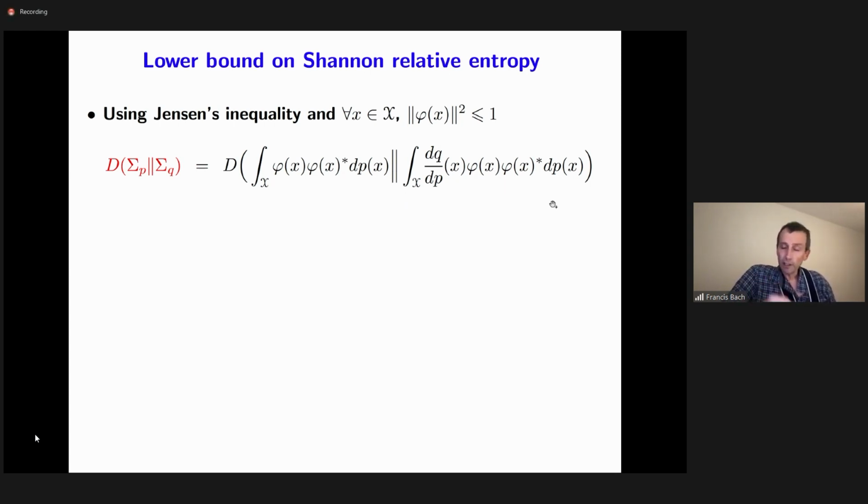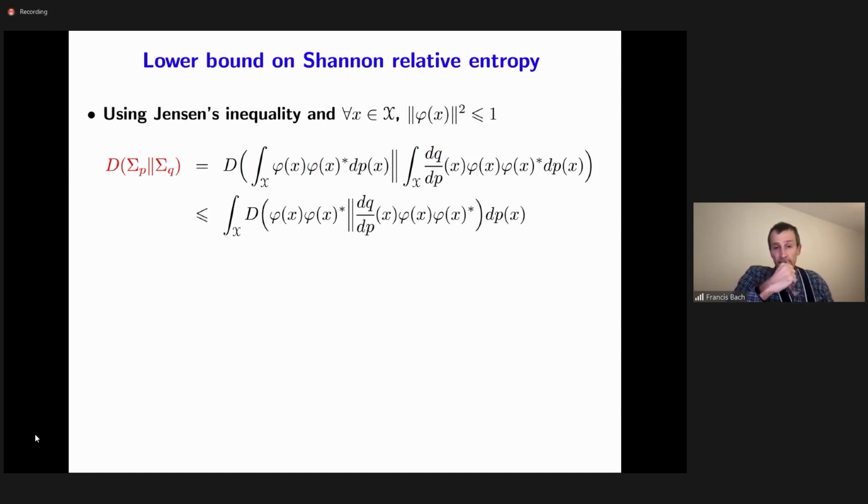And because I'm jointly convex, I can use Jensen's inequality and get this inequality. So I get the expectation over p of what is inside there, and what is inside there. For this, I do need the joint convexity with respect to the two arguments. And once I have that, I start to be in good shape.